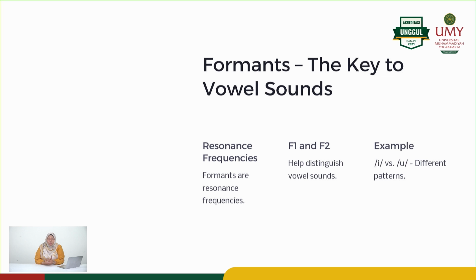The first two formants, F1 and F2, help us distinguish between vowels. Higher F1 means a lower tongue position, and higher F2 means a fronted tongue position. By analyzing formants, we can even tell which vowel someone is saying just by looking at a spectrogram. Amazing, isn't it?